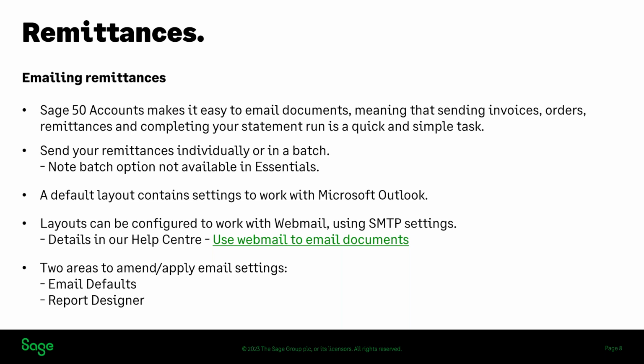There are two areas that you can use to amend and apply email settings. One is your email defaults, and the other is within the report designer itself. So let me show you quickly from a report. I'll quickly try and show you both aspects, the email defaults and the report design side.